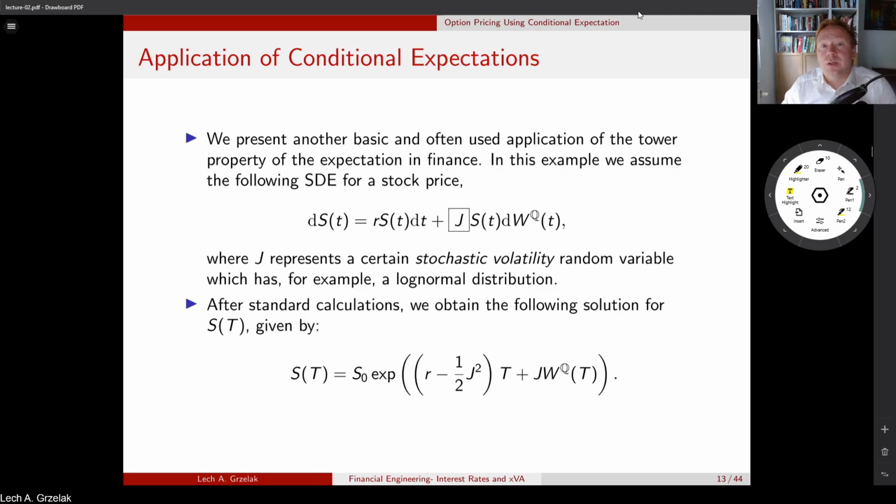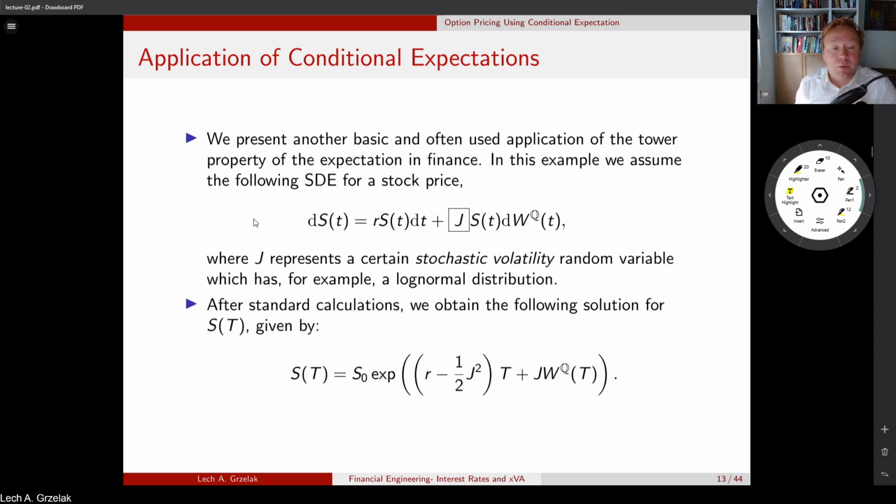Now we will use the knowledge about conditional expectation and filtration for real option pricing. We will take a European type of option and see how the Tower property of expectation can be used for pricing, once we consider stochastic differential equations of a much more involved form than we had for Black-Scholes.